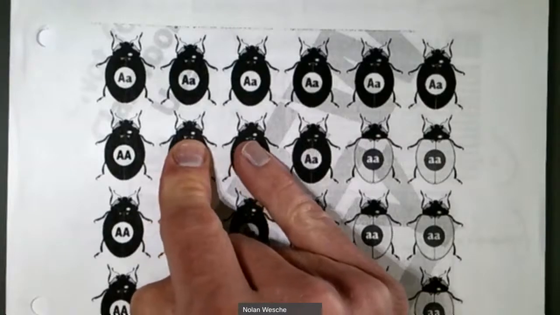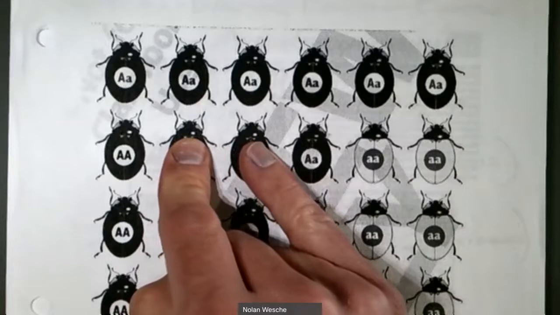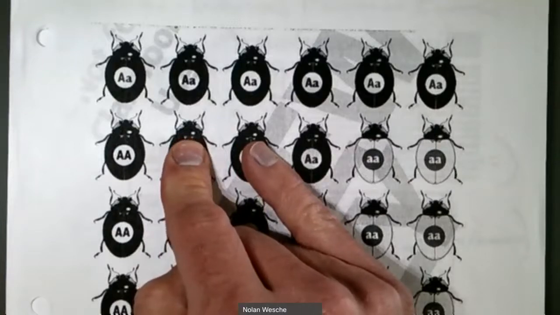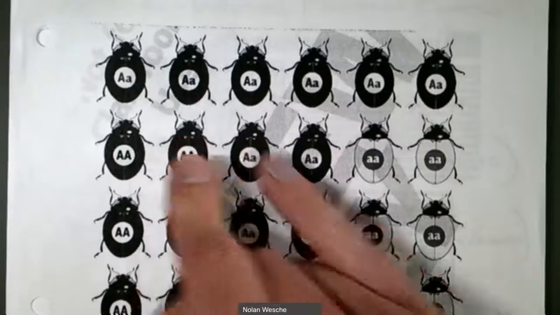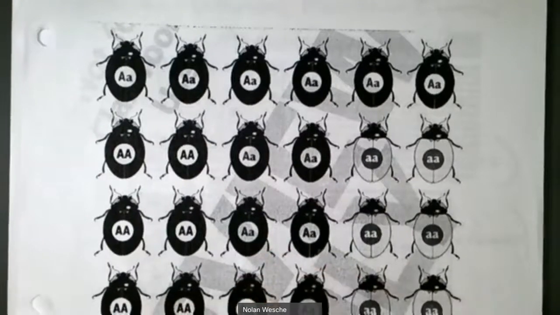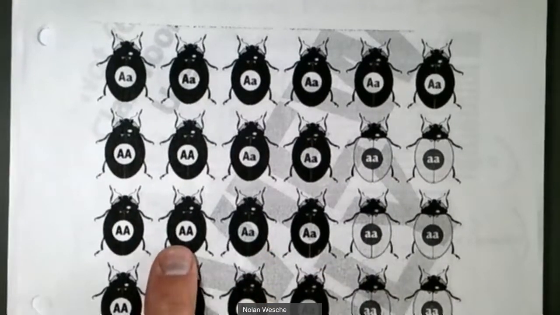So there has to be a way that we can somewhat project and predict these allele frequencies. Allele frequencies would be the total number of capital A's that I have in the gene pool on the page. And the other allele frequency would be the total number of little a's. Genotype frequencies would be how many big A homozygous dominant beetles do I have.